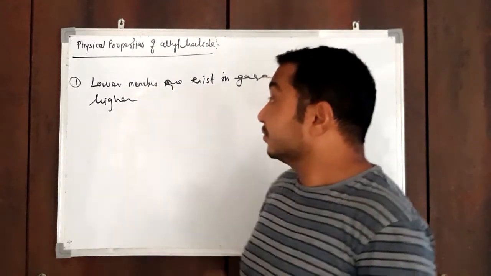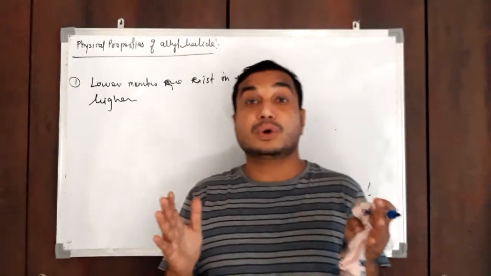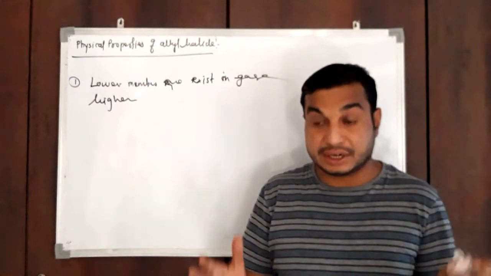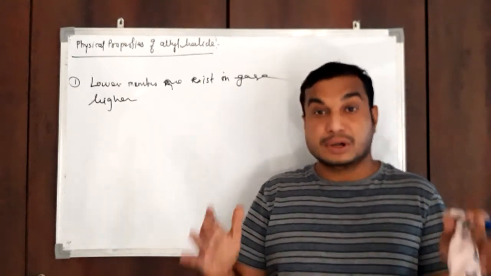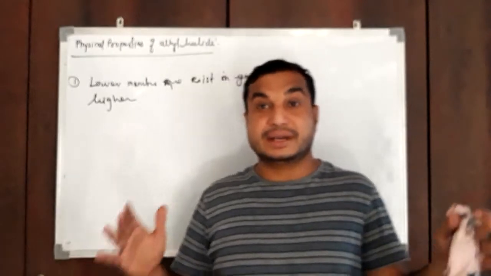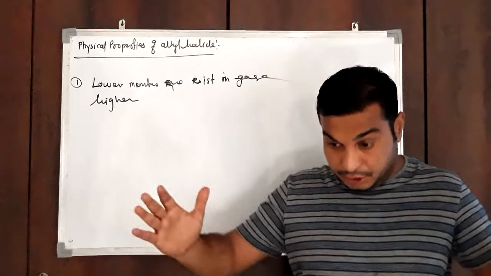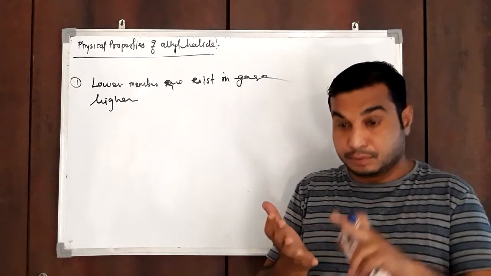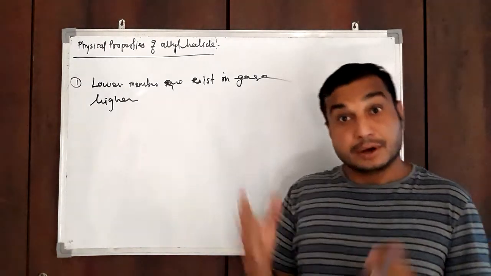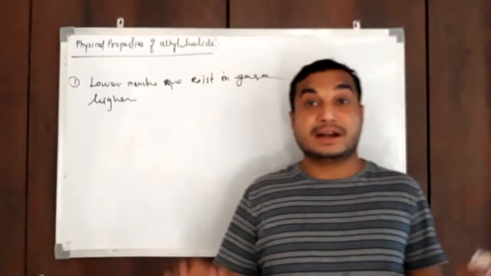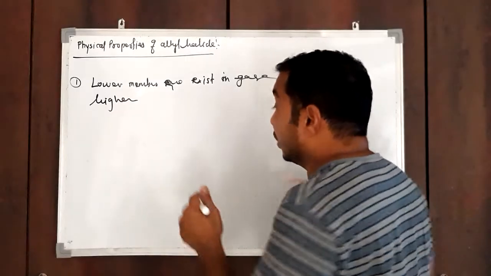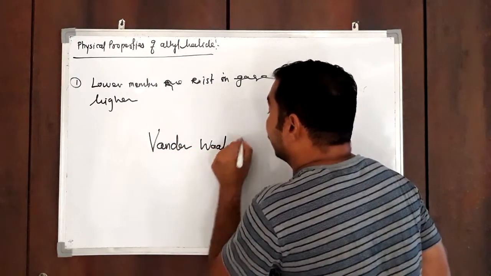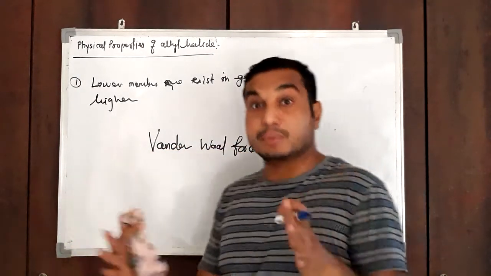Why? Lower members have poor molecular interaction with each other, and their intermolecular distance is quite large, that's why they exist in gaseous state. If we move from lower to higher, what happens? Polarity remains the same, but as the carbon and hydrogen atoms increase, van der Waals force of attraction between the molecules increases.